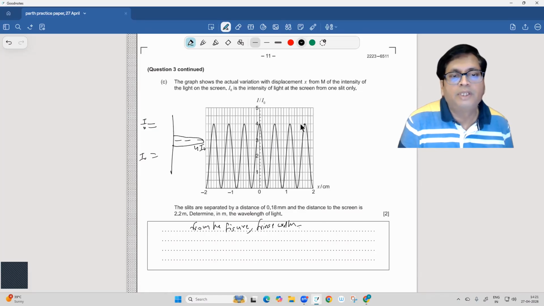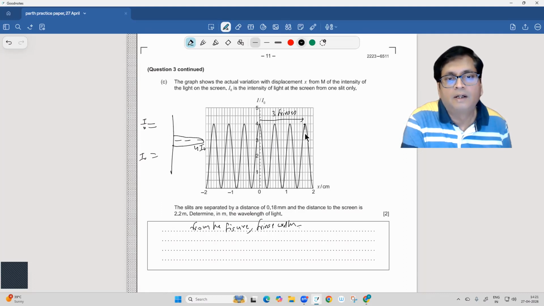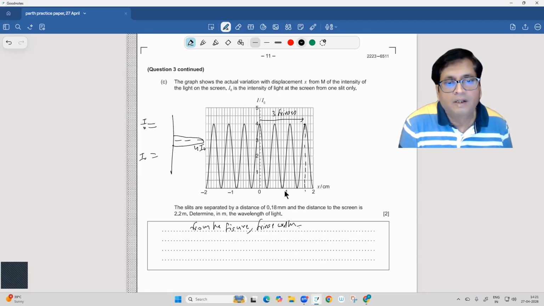So 1, 2, 3, these are the three fringes, right? And this is 0. And how much is this? This is 1, 2, 3, 4, 5, 6, 7, 8, 10 parts had been divided.